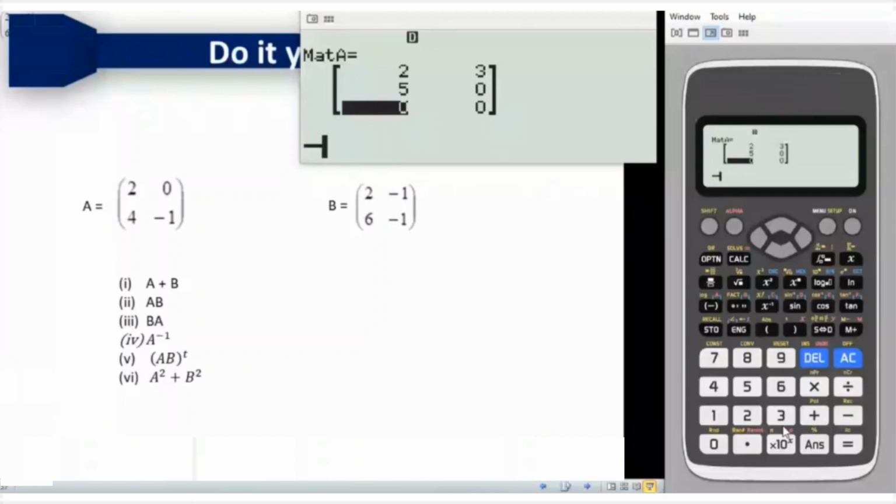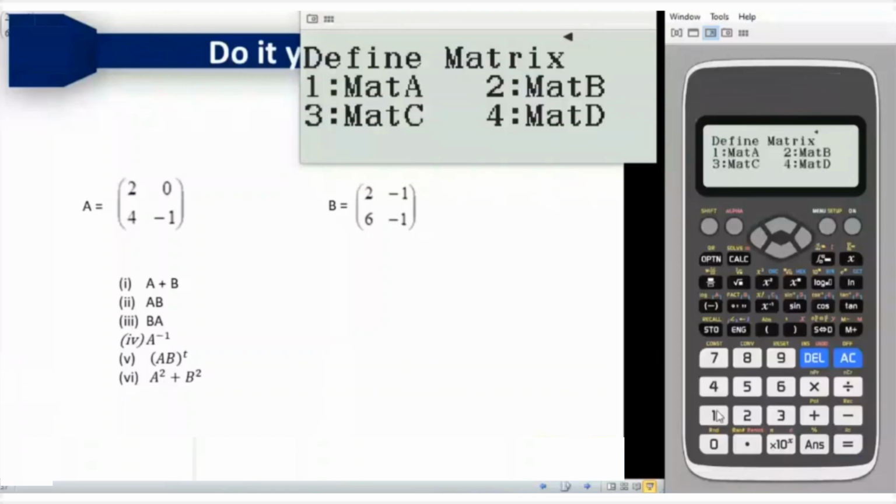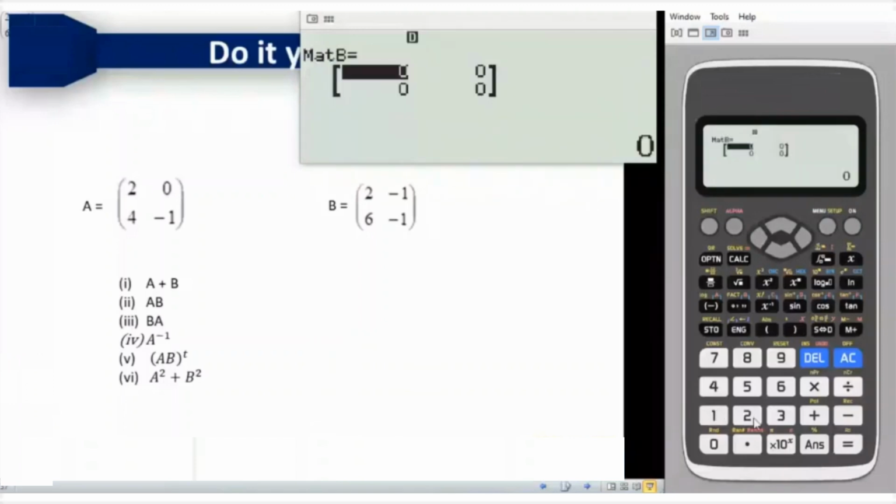Let's say this is matrix A. I press option, I press 1, I press 2, and matrix B is, let's say, a 2 by 2 matrix. I press 2 and I press 2 again. And let's say this is 2 equals, 1 equals, 3 equals, and 4 equals.